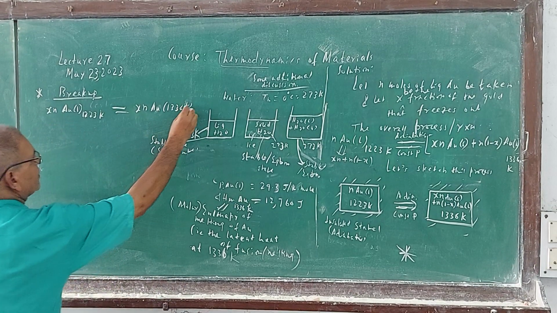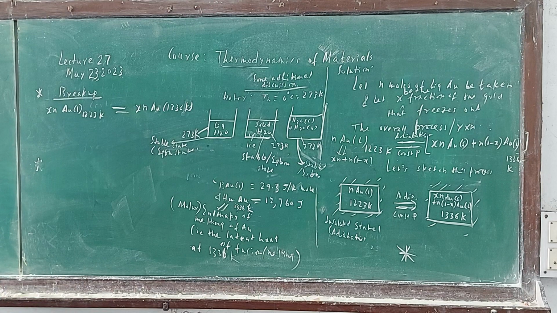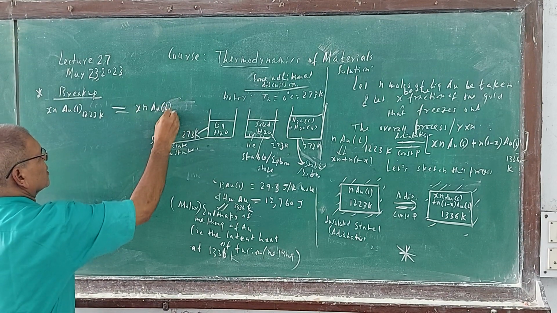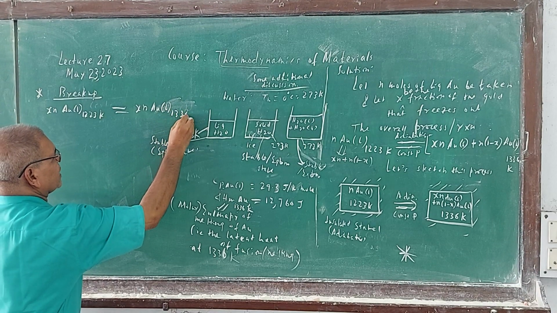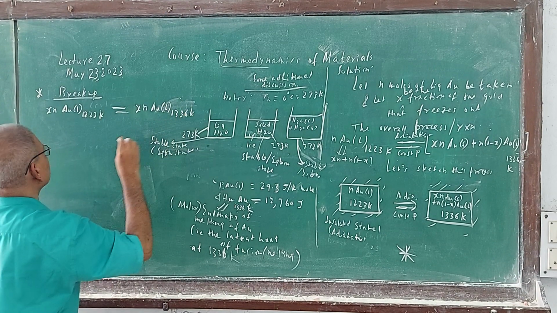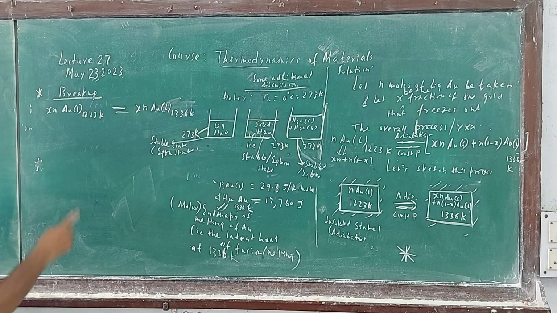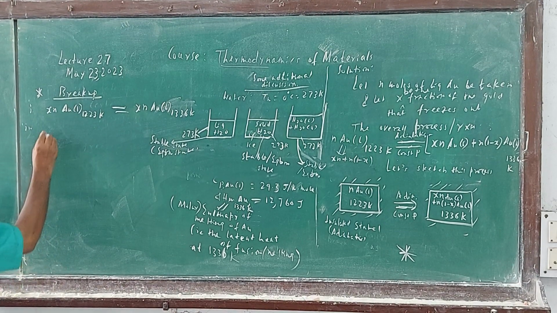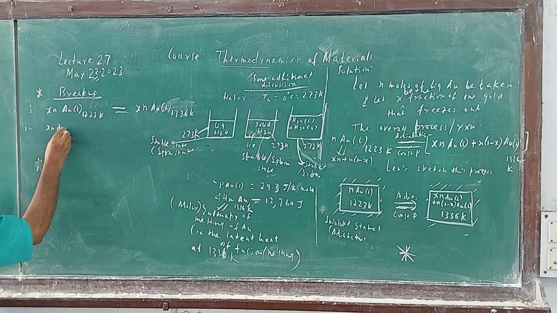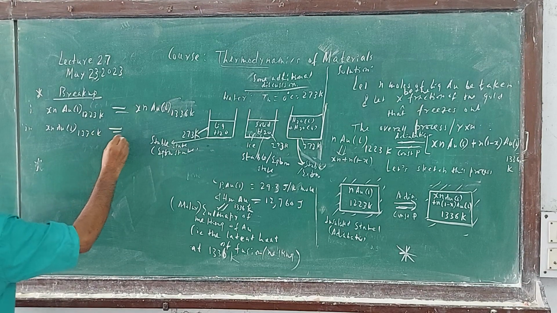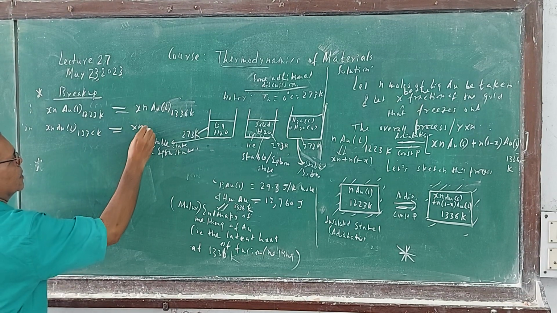Then what will happen to this? Taking it to 1336, I am giving gold liquid, with the temperature as a subscript. So that is step 1. In step 2, it will go to solidification, to freezing. So Xn gold liquid at 1336 Kelvin goes to Xn gold.